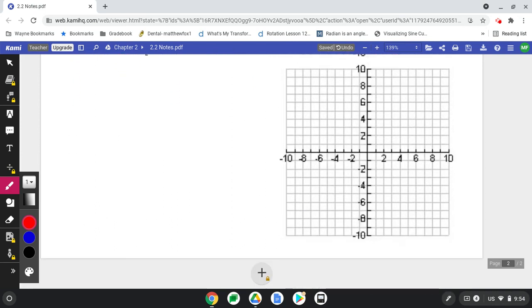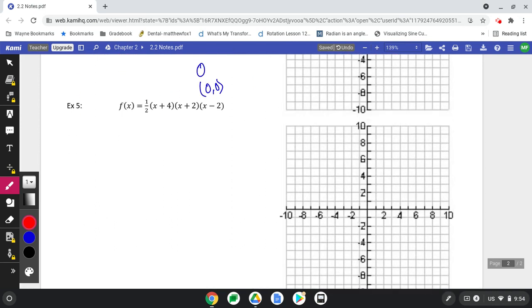This one, once again, we're going to find our zeros. That 1/2, it's just a leading coefficient. We don't need that. There's no x with it. So each of these, x plus 4 equals 0, x plus 2 equals 0, and x minus 2 equals 0. So we'll get x equals 2, x equals negative 2, and x equals negative 4.